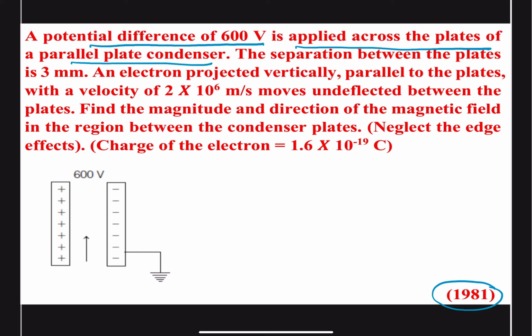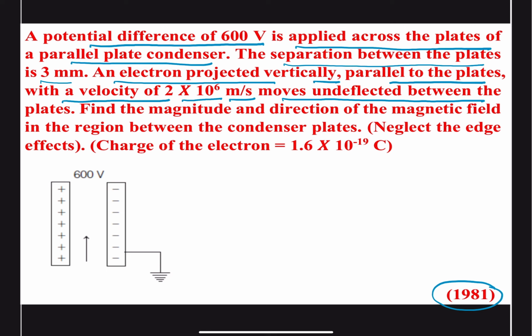The separation between the plates is 3 mm, and an electron projected vertically parallel to the plates with velocity 2 into 10^6 meter per second moves undeflected between the plates. Find the magnitude and the direction of the magnetic field in the region between the condenser plates. Neglect the edge effects. The charge on the electron is given as 1.6 into 10^-19 coulomb.